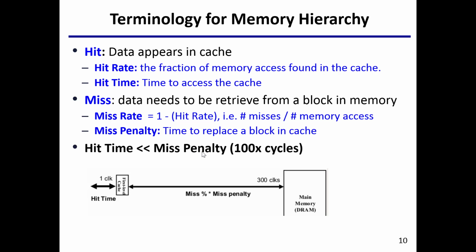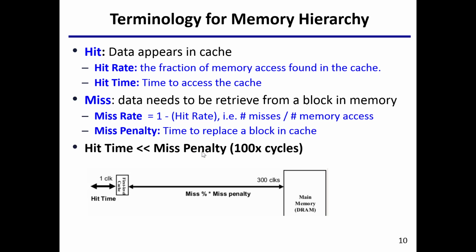Now, why do we care about misses? Because the ratio of hits over all the memory accesses, the percentage of memory accesses that are hits and the percentage that are misses, is going to determine the average time it takes to access your memory.